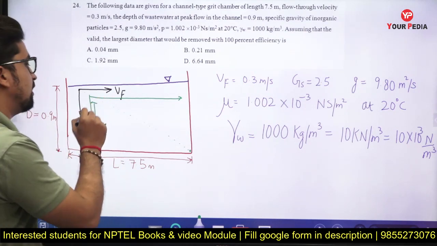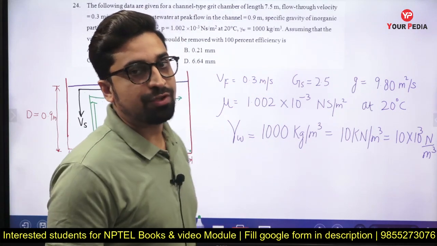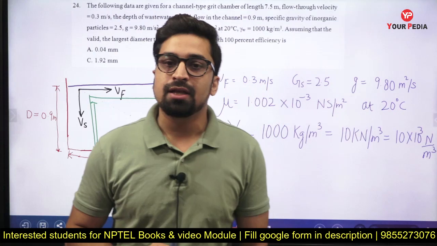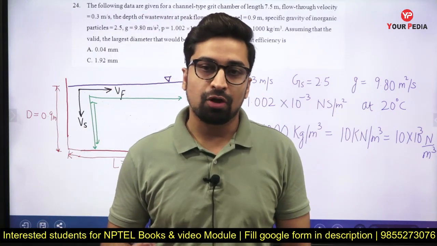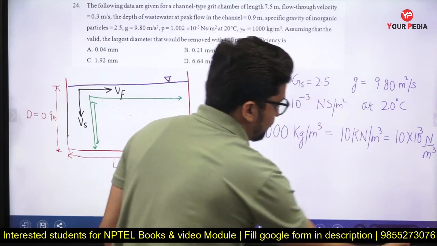In the direction of the flow the velocity is the velocity of flow, which is already given in the question, right? And in the vertically downward direction the velocity will be the settling velocity of the particle, right? So let's start our question like this.